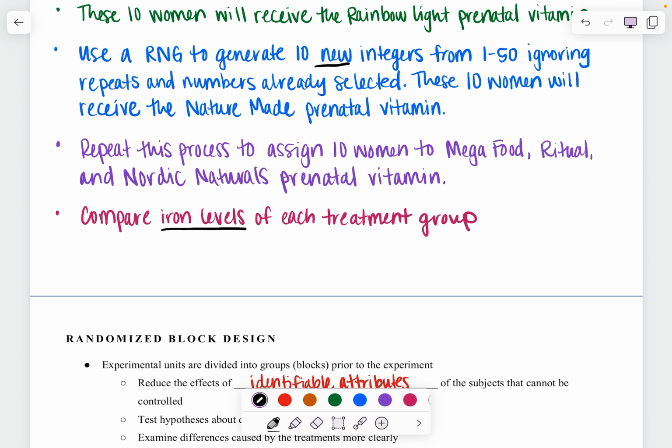I have graded this technically, most years, it's the question 3 on the FRQ the last 2 summers. And a lot of the time, people would write perfect randomness and then they would forget to talk about what they're actually comparing in the end. So from each treatment group, I'm going to average the iron levels, and I'm going to see what it's working for. So this would be a response for a completely randomized design.